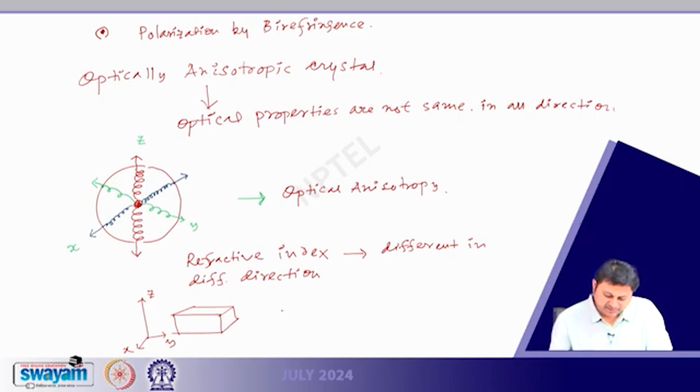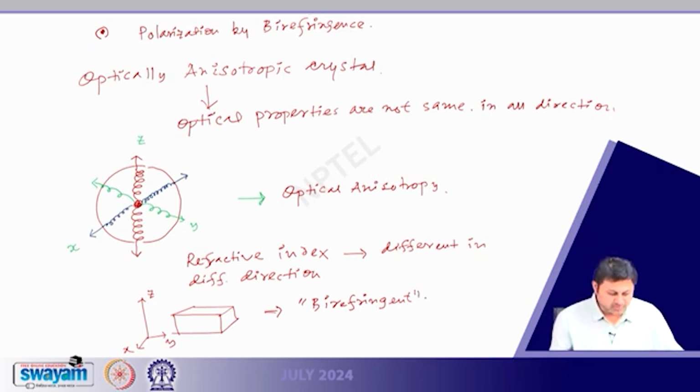And this kind of crystal is essentially called the birefringent type of crystal, or in general this property is called the birefringence.